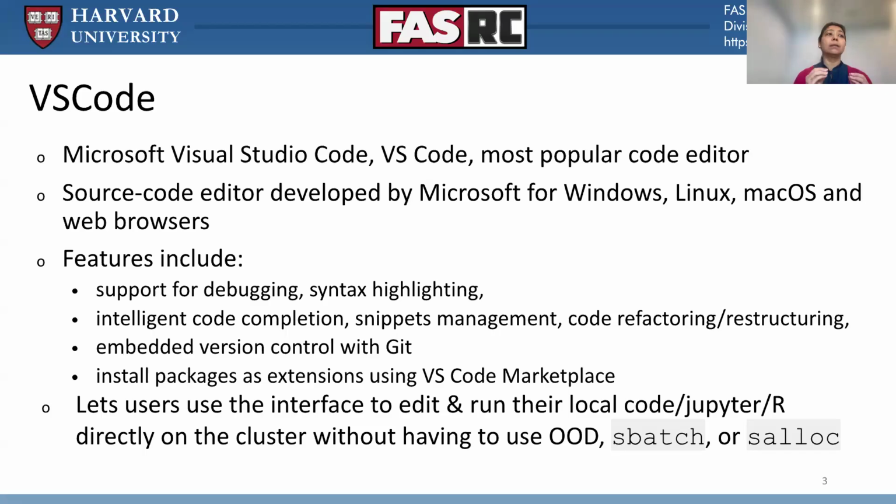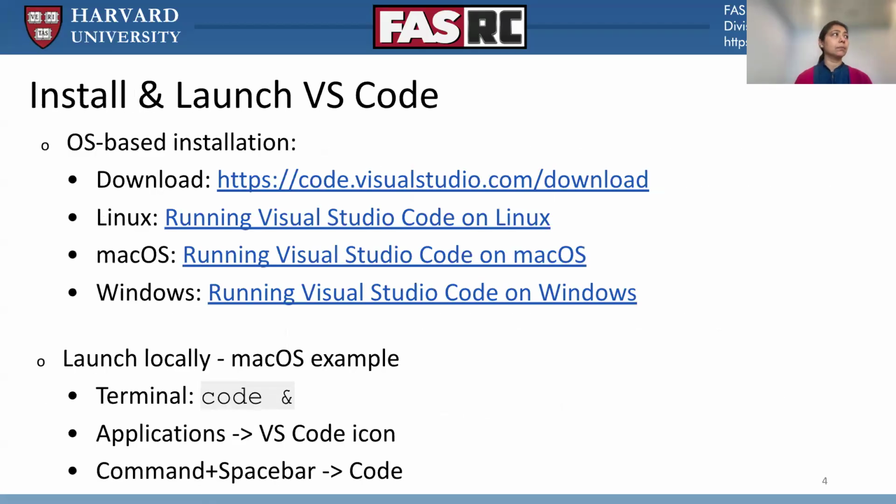So this is really the main advantage, at least for our users, that we have seen: they like the seamless integration between their local VS Code installation and whatever code they have locally, to be able to run it on the cluster without having to go through other channels. So it's a seamless integration between their local personal device and the cluster. And that's why VS Code is so hugely popular.